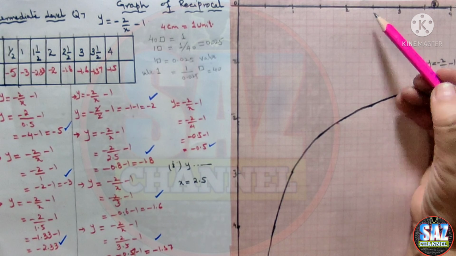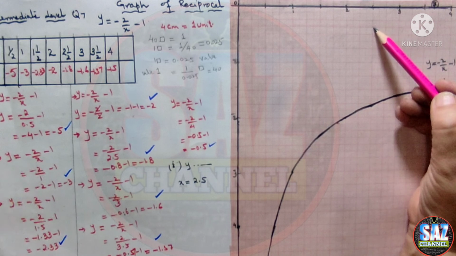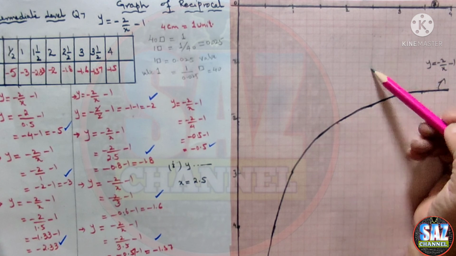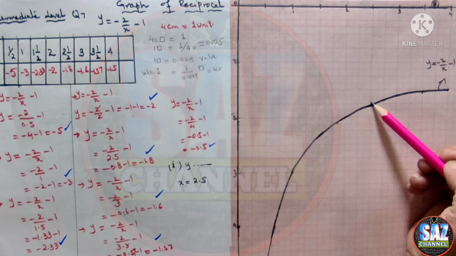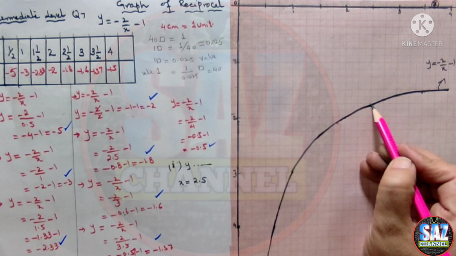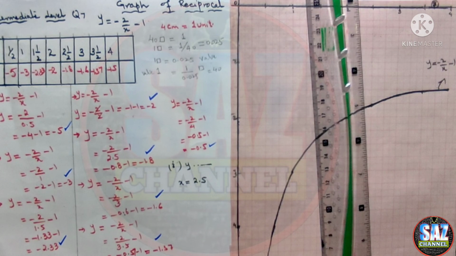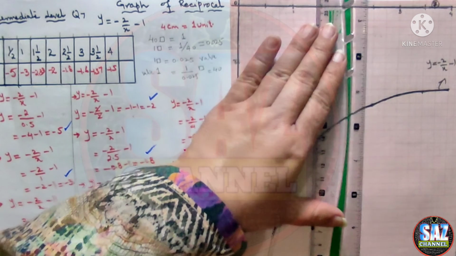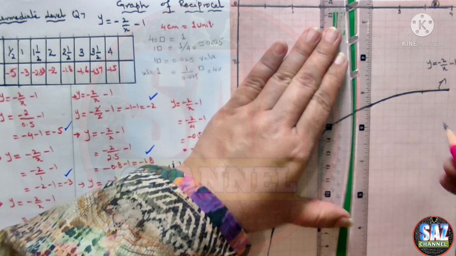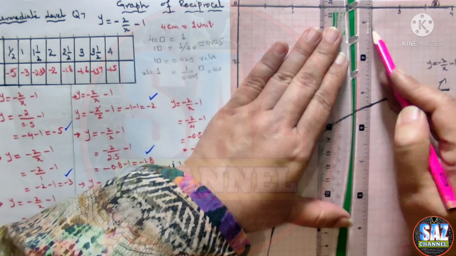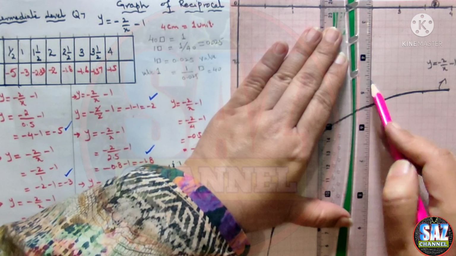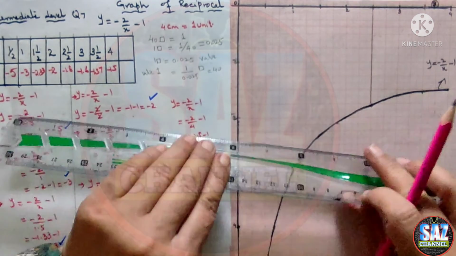X 2.5 is right in between. 2.5 is already calculated in the table, but we can reassure that this is almost 1.8. At x 2.5, y is minus 1.8. This is already given in the table.